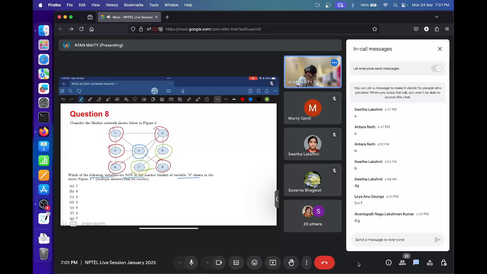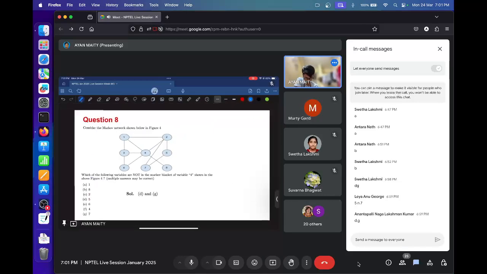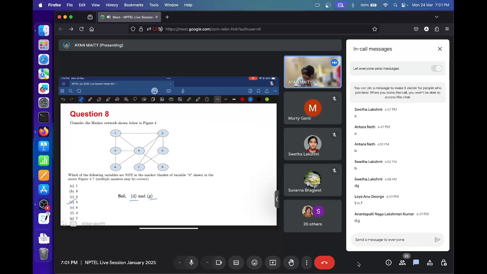So 7 and 5, these two variables would not be present in the Markov blanket of variable 4 because there is no direct edge from these variables to 4. So 5 and 7, or option D and G, are the correct answers.